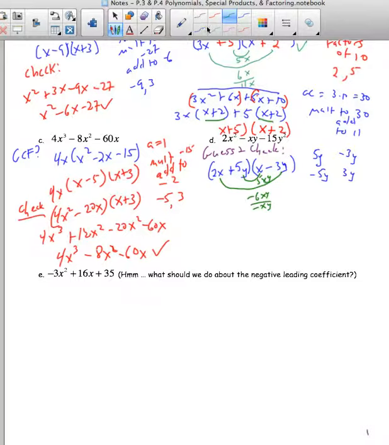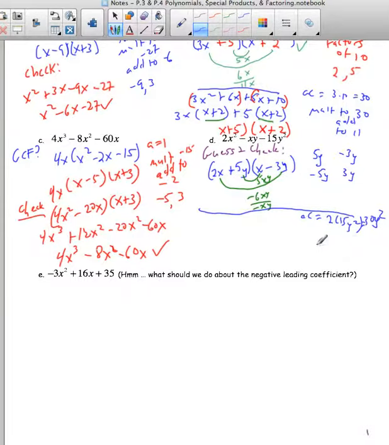The other way that I can solve this problem is to use the AC method. So in the AC method, AC here is 2 times 15y squared, which is 30y squared. I need two numbers that multiply to 30y squared but add to negative y.